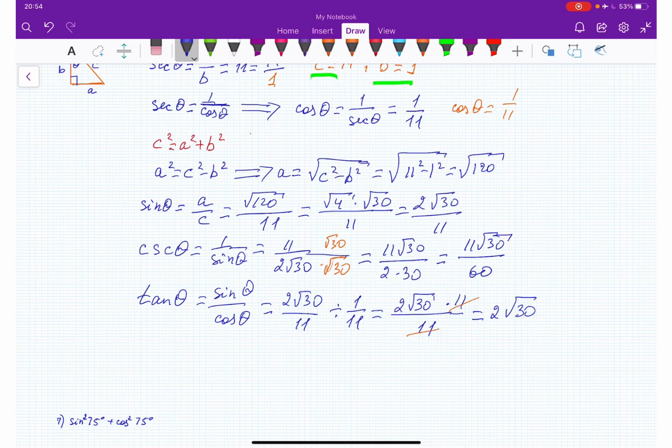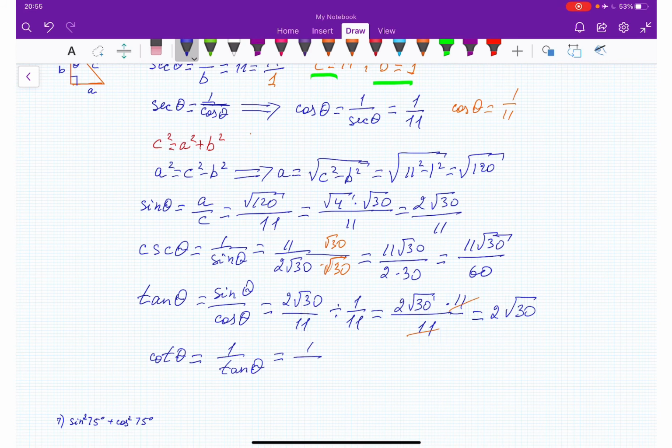Cotangent theta is equal to 1 over tangent theta, and that is equal to 1 over, where is my tangent?